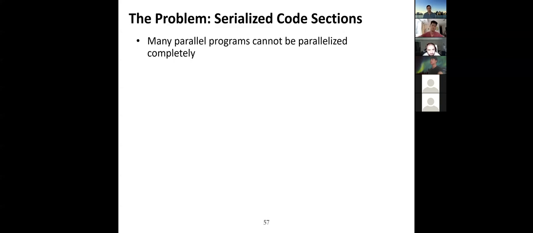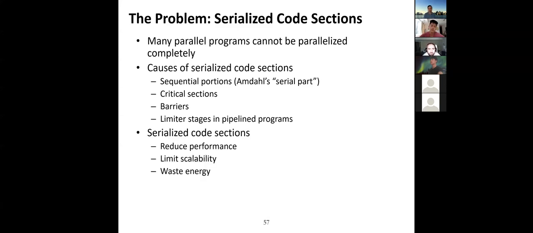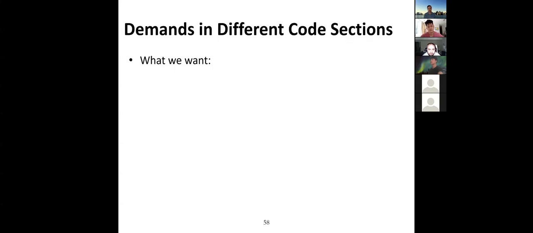Many parallel problems cannot be parallelized completely. I mentioned these limiting factors before: sequential portions, critical sections, barriers, limited stages in pipeline programs, and uneven load on the cores. Serialized code sections reduce performance, limit scalability, and waste energy.